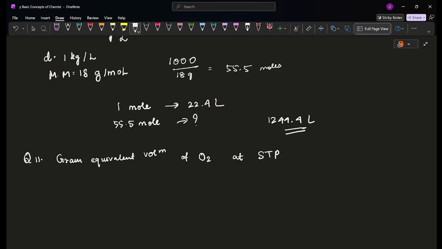Okay, so what exactly is gram equivalent, according to what we've learned?